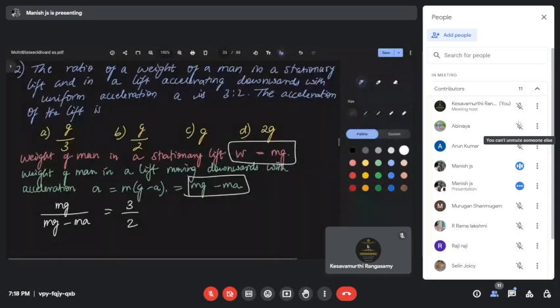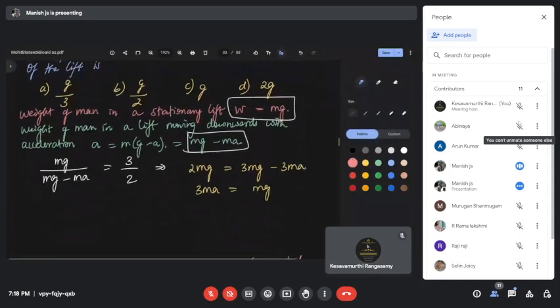So what is a if you go for a simplification? Cross multiply பண்ணுங்க. 2mg equal to 3mg minus 3ma. So you will get 3ma is equal to 3mg minus 2mg is mg, right?